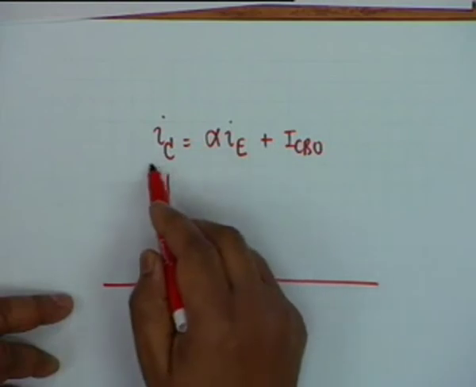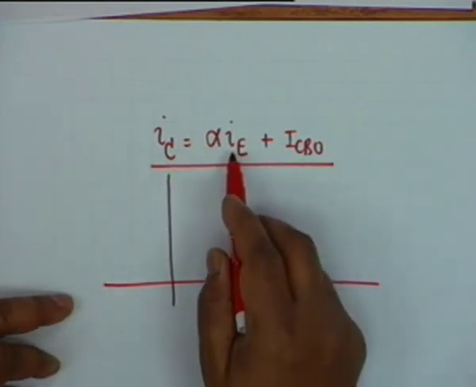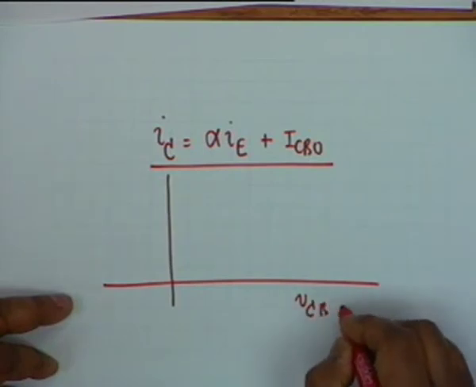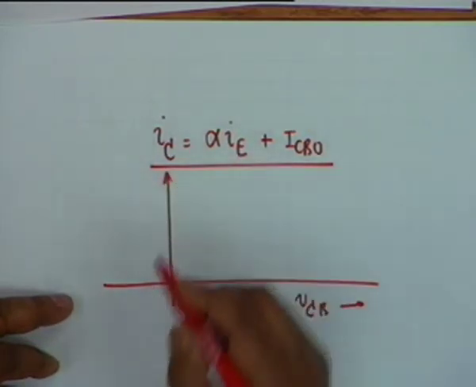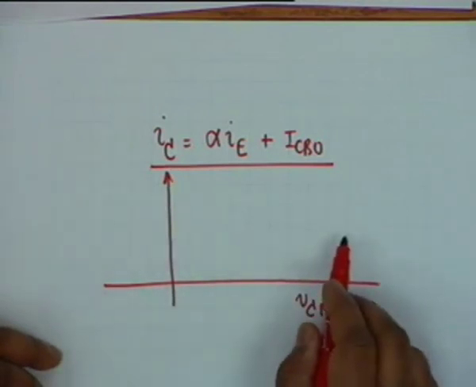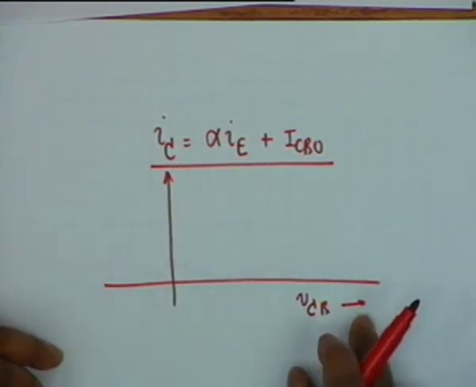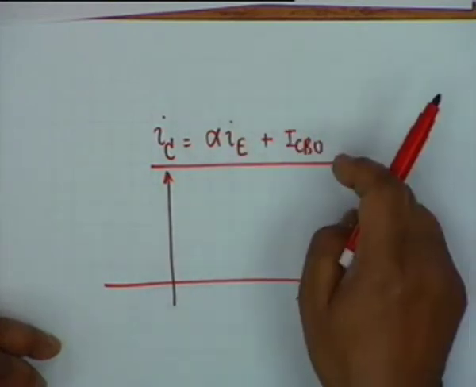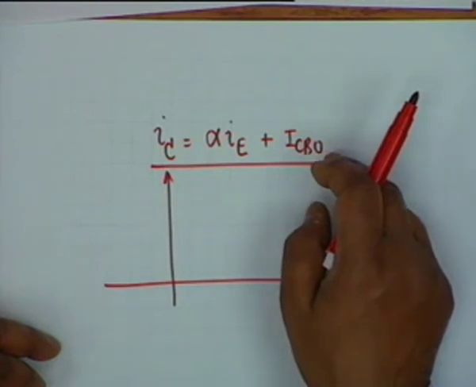In other words, if I plot, you also notice that this characteristic is independent of V_CB. I_C is independent of V_CB, and therefore if I plot I_C versus V_CB, it should be a straight line parallel to the V_CB axis. It is only determined by the emitter current I_E and I_CBO.